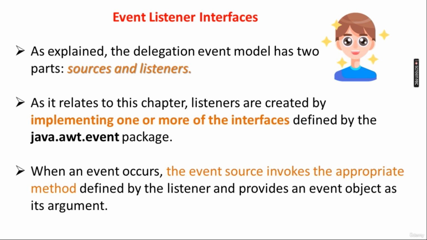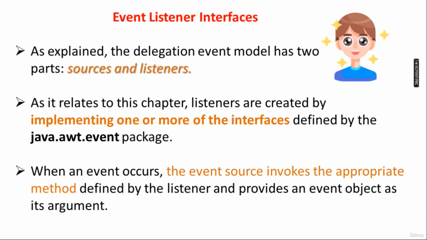When an event occurs, the event source invokes the appropriate method defined by the listener and provides an event object as an argument. What does the source do? The event source invokes the appropriate method defined by the listener.